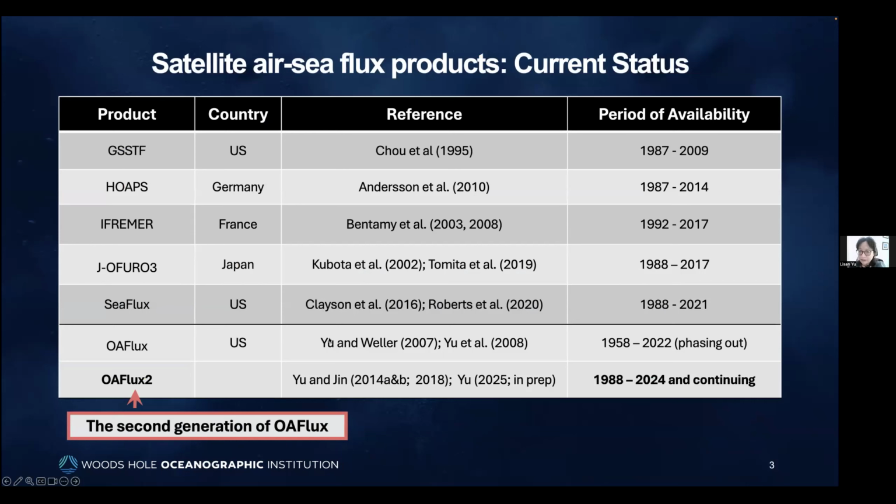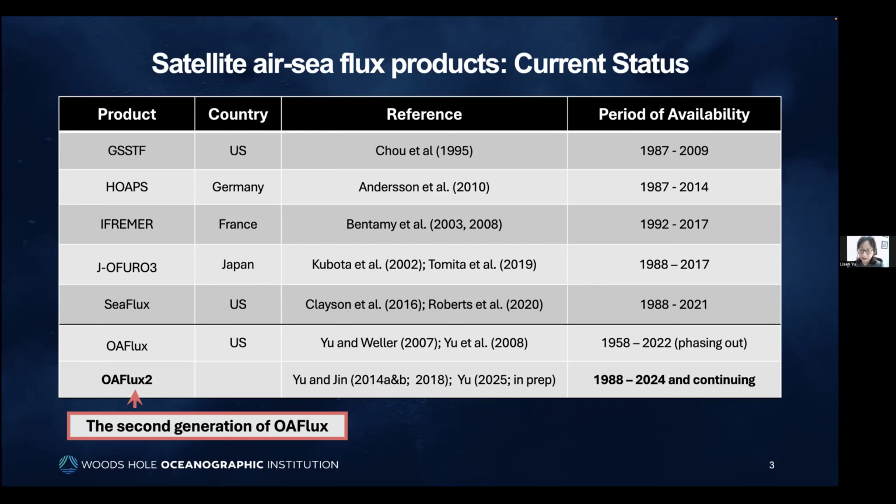Our group is not the only one doing the air-sea turbulent fluxes. Here is an overview of the many groups doing similar things, like GSSTF, HOAPS, IFREMER, and J-OFURO, which the PI is probably going to give us a talk next week, and the SeaFlux.